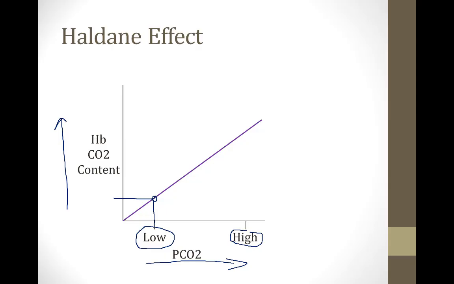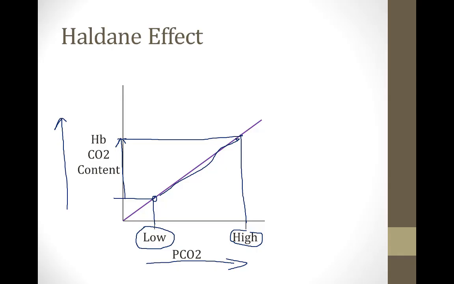There's a lot of cellular metabolism, a lot of CO2 being produced. That would move us to a point on this purple line right here. So we would shift up the purple line to this point right here, and that corresponds to a higher amount of hemoglobin bound to carbon dioxide. So if we had to stay on this purple line, when we move into tissues, we would increase the amount of carbon dioxide bound to hemoglobin by about this much.